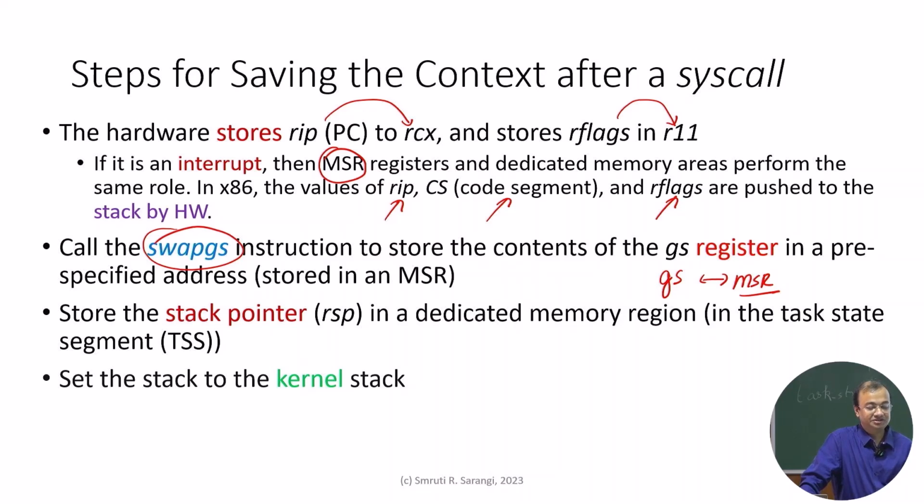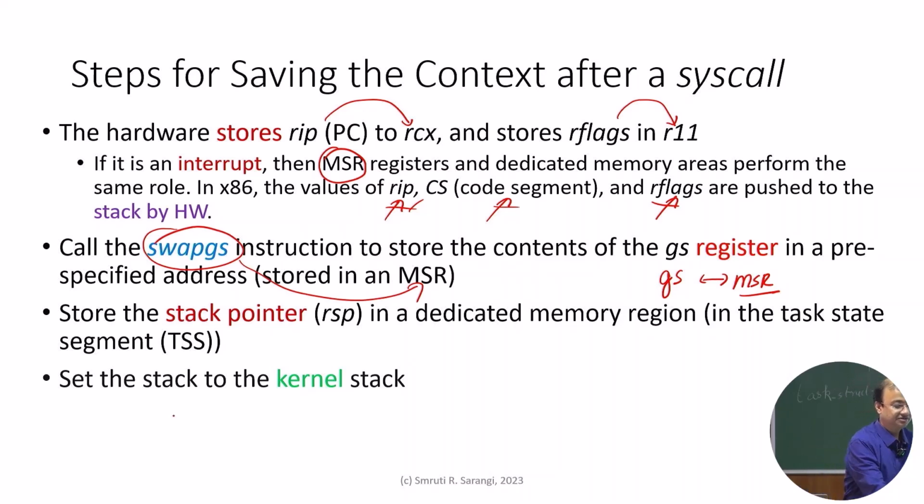And because, as you can see, all of these things are being pushed to the stack, fair enough, even this is going to a model-specific register, but now where do you store the stack pointer? Because unless you store the stack pointer, how will you retrieve these things? That is why this is stored in a separate dedicated hardware segment known as the TSS, which the Intel architecture provides.